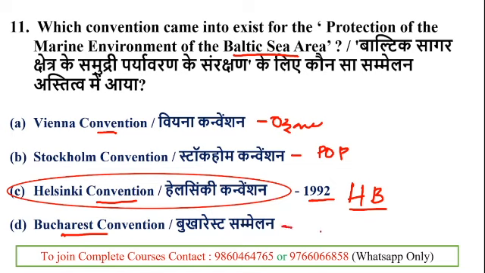Another convention related with the sea and against pollution. It was signed in Bucharest in April 1992, also in 1992, and is the basic legal framework for regional cooperation to protect the marine environment. So here the Black Sea protection is important. Clear?